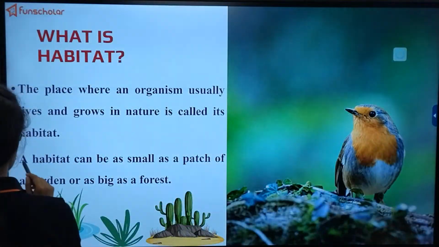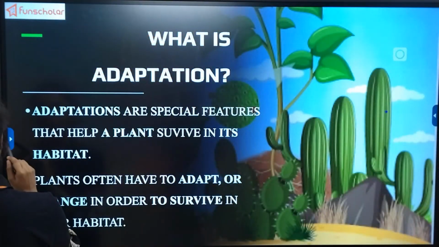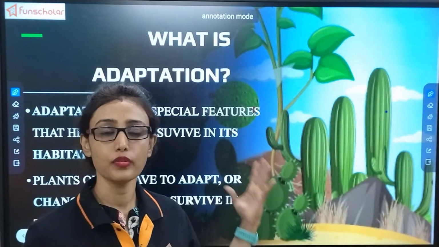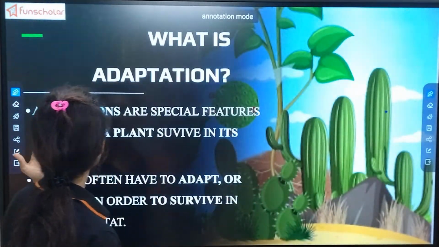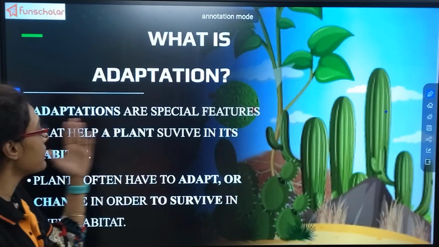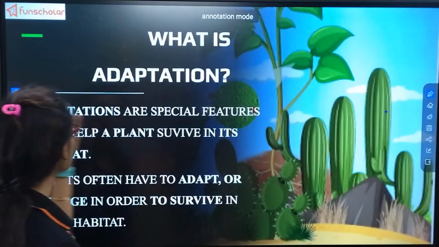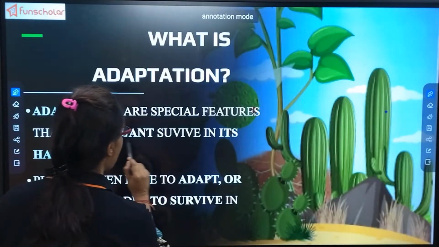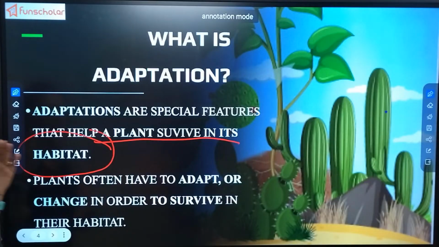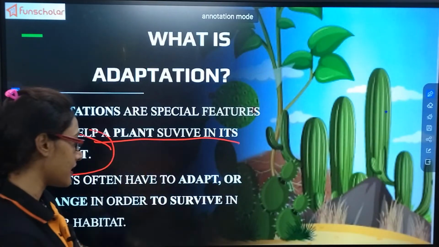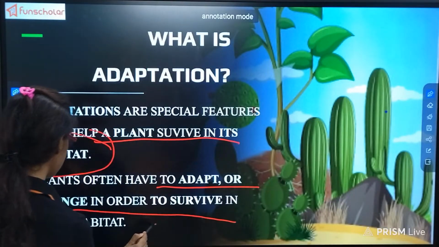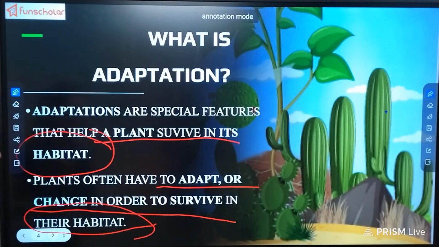Now next, what is adaptation? This one I have just now told you. Adaptations are nothing but special features that help a plant survive in its habitat. Plants often have to adapt or change in order to survive in their habitat.